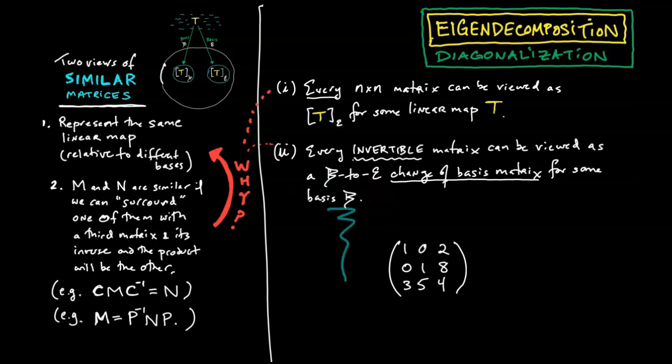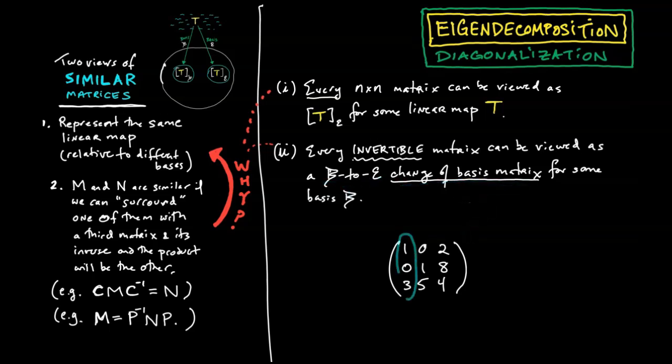What would this mysterious basis B be? Well, it's staring you in the face. Our columns, these 3 linearly independent vectors in R3, of course, constitute a basis for R3. And if we imagine these, as we naturally do, as the standard coordinates for these 3 vectors, then we could say that the columns are the standard coordinates of the 3 vectors in some basis B. And that's exactly how you form a B to E change of basis matrix.